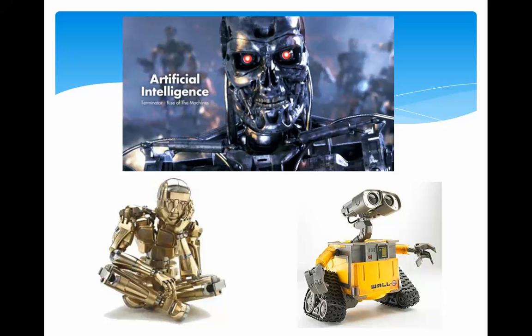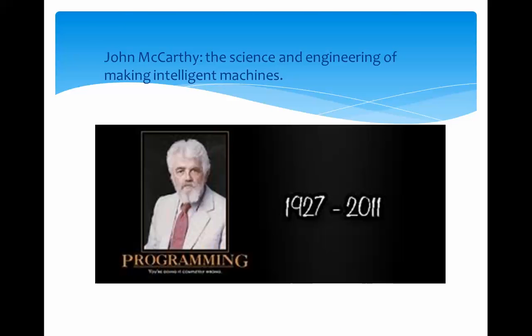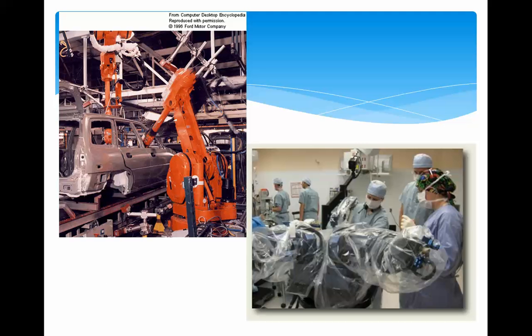But there are many different definitions of artificial intelligence, and according to John McCarthy, who is the guy that coined the term in 1955, AI is the science and engineering of making intelligent machines. So AI definitely exists very commonly in our daily life, especially in the technology industry, such as manufacturing, medical diagnosis, data mining, logistics, and something that you play on your computer, like chess games and Tetris, that is also AI.